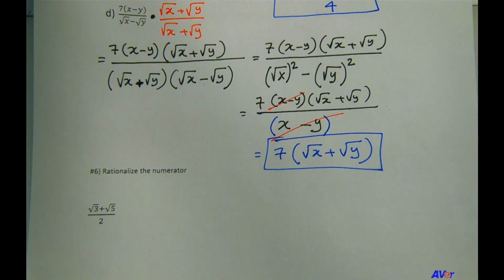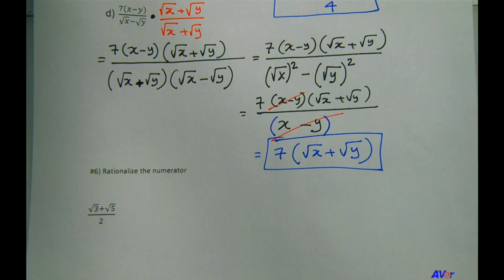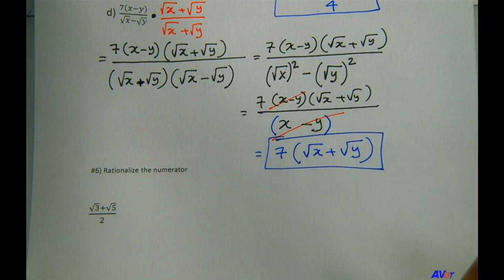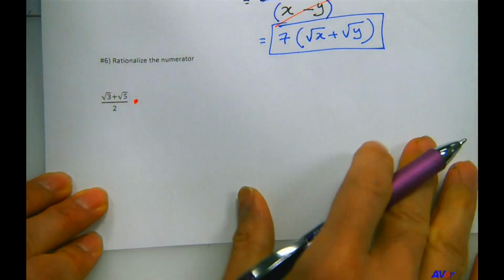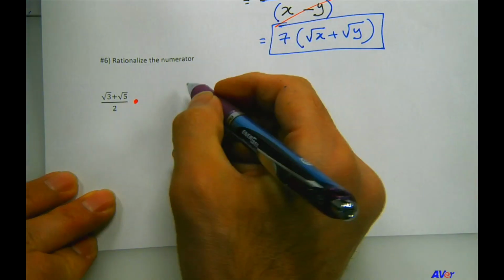All right, so we get to this last problem, and the last problem wants us to rationalize the numerator as opposed to the denominator. It's just the numerator instead of the denominator, but what we do is no different than what we've been doing. So again, I hope you have done this on your scratch paper. If not, please pause the video, complete the solution, and then come back.